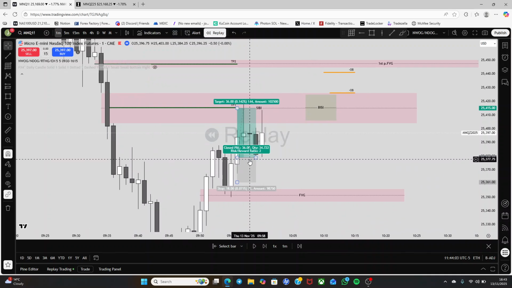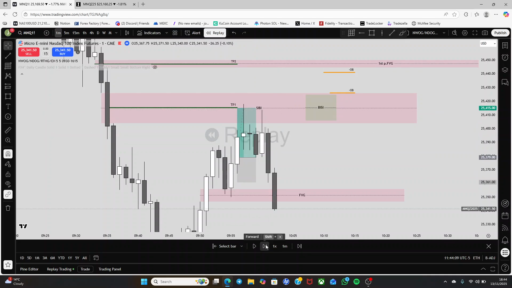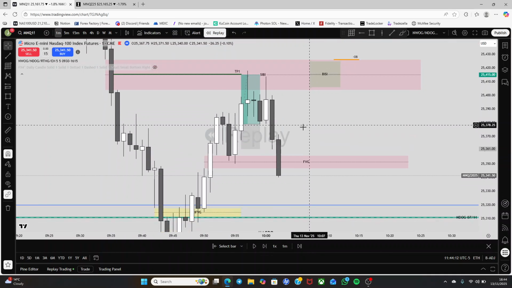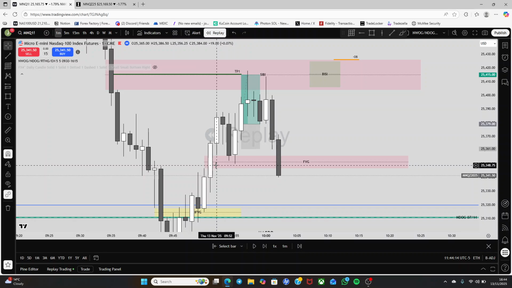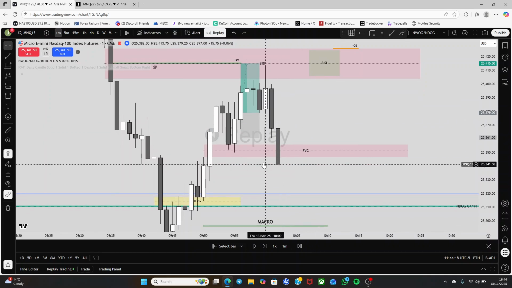Right, going through this now, and we're still respecting this CB. Come back down below this, forming an inverse gap.